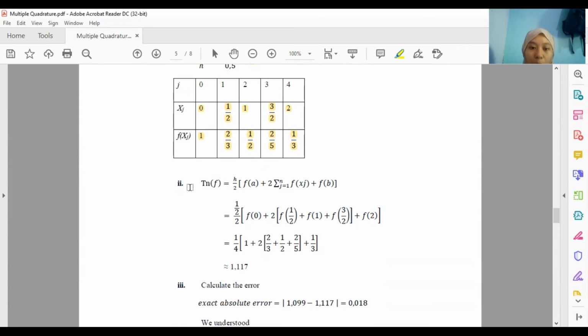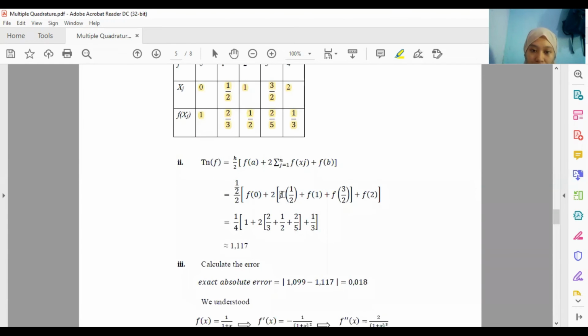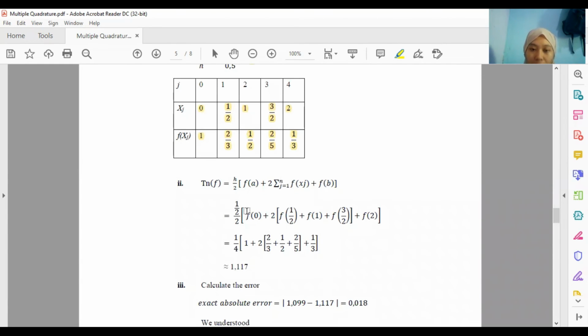Next, we will calculate T_n f is equal to h over 2 times f(a) plus 2 sigma f(x_j) plus f(b), for j is equal to 1 until n. So we enter the value of this function into this formula.